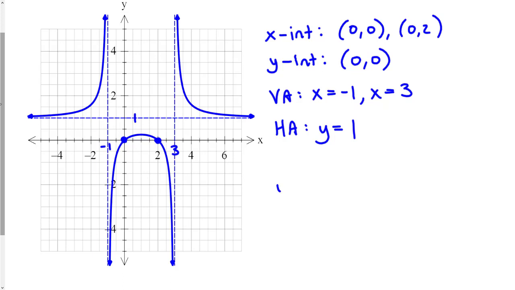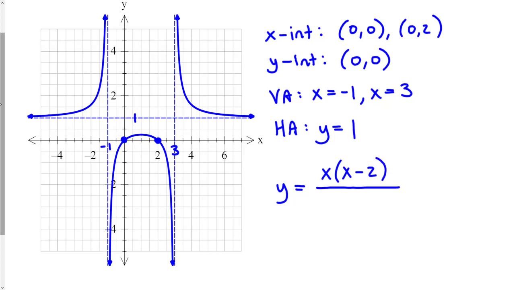For instance, in order to get x-intercepts at both 0 and at 2, I would need a factor that has a 0 at 0, which would just be x, and a factor that has a 0 at 2, which would be x minus 2.